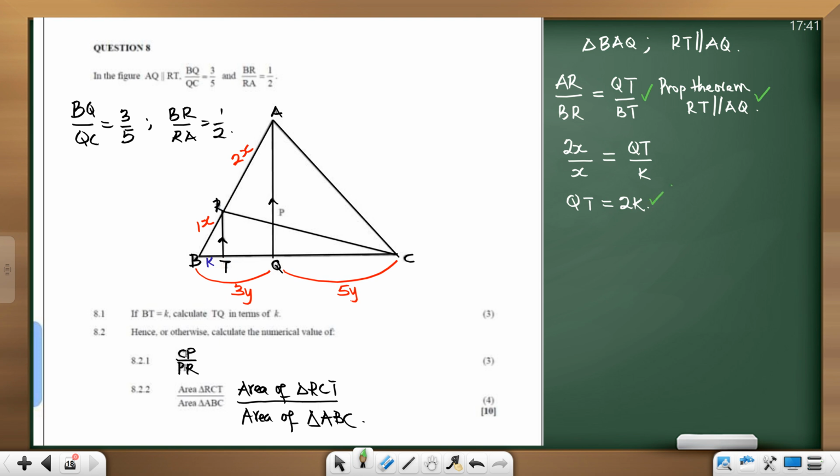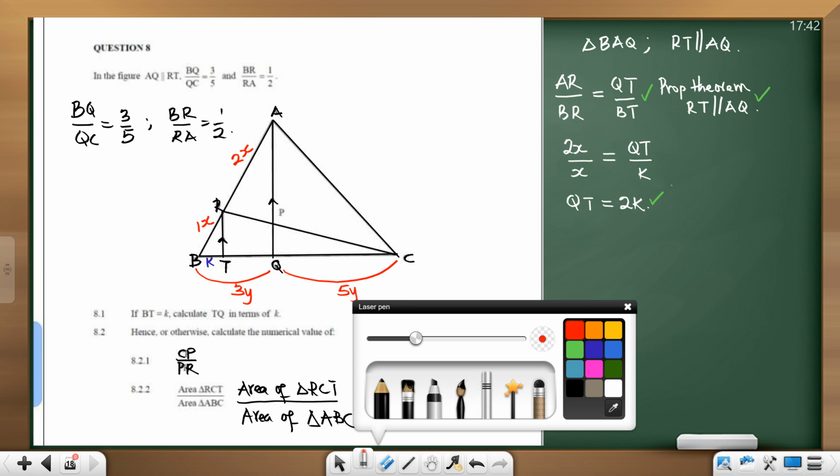Let me know if everybody's okay with that. Okay. Please ask. Yes, talk to me. There's a hand there. So can you please explain the QT over BT part of the triangle?